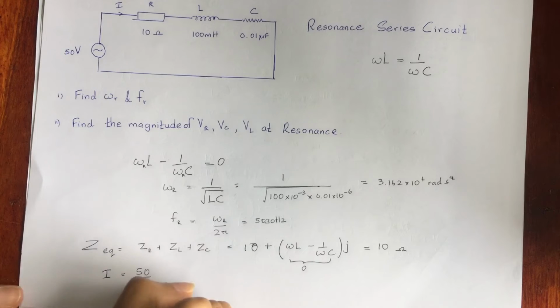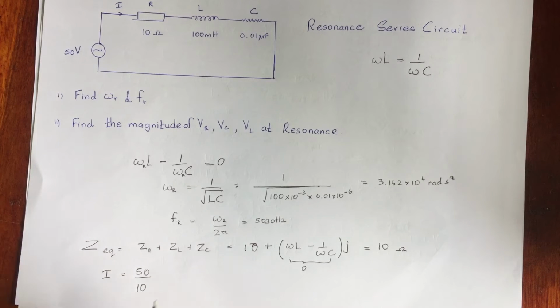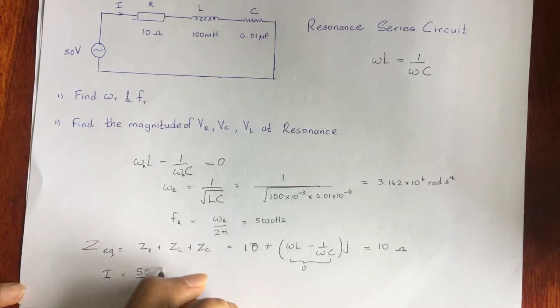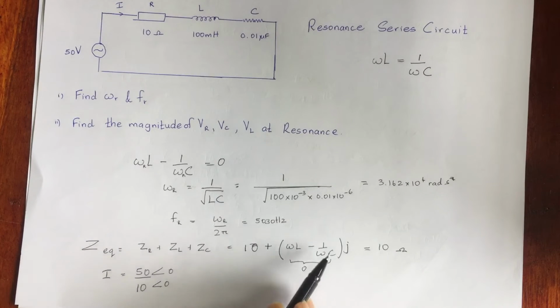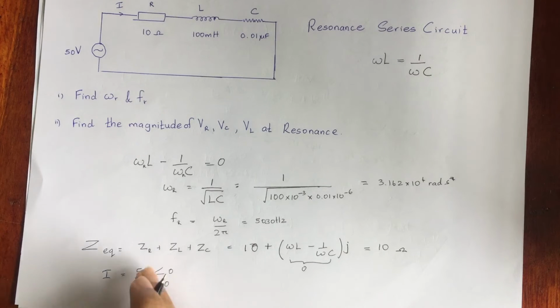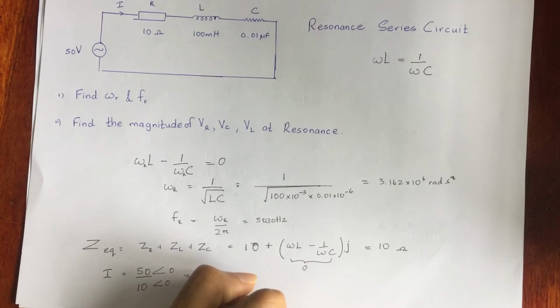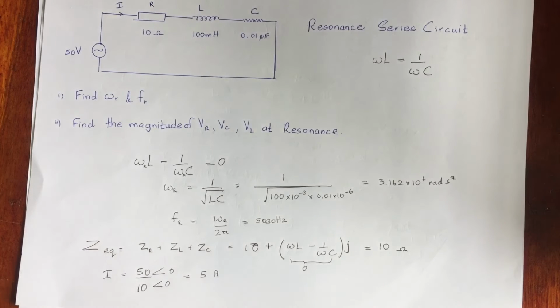Be reminded that this circuit acts like a pure resistor, so we can consider the reactive parts as 0. There are no complex numbers, no inductive or capacitive characteristic, because they give a resultant of 0. So the value is 5 ampere.